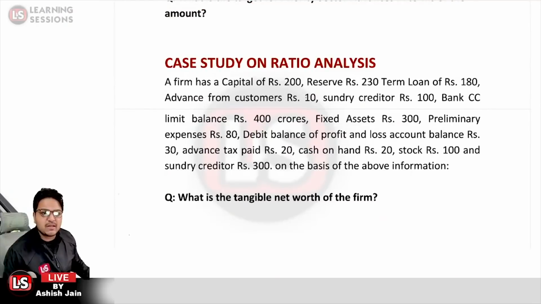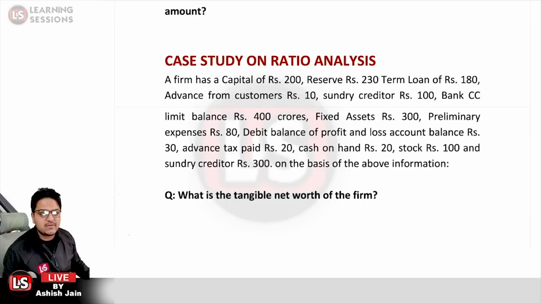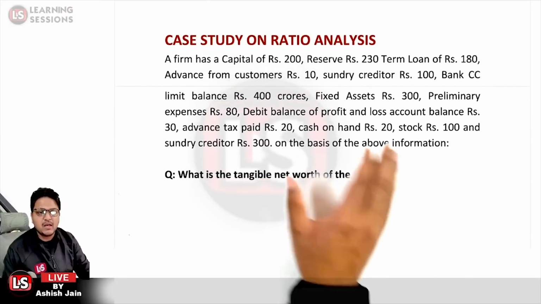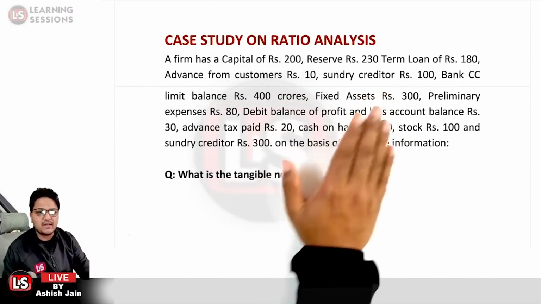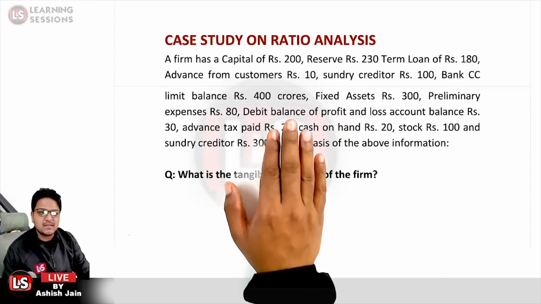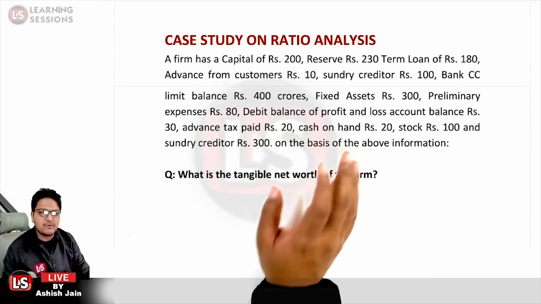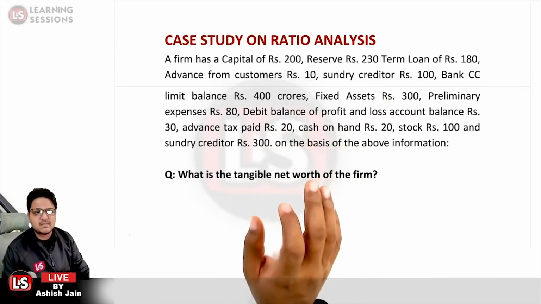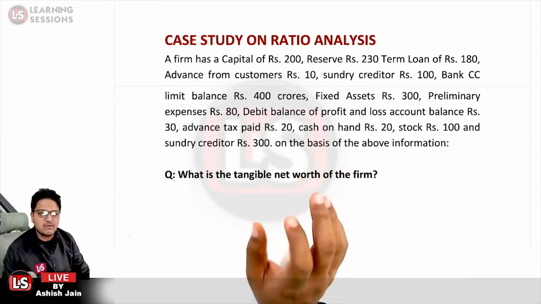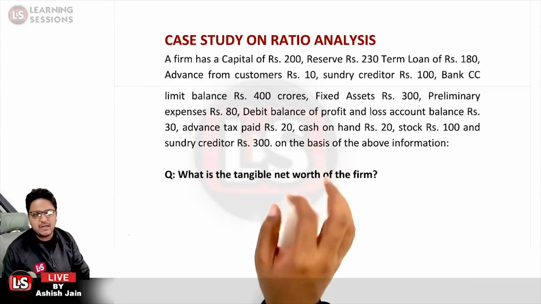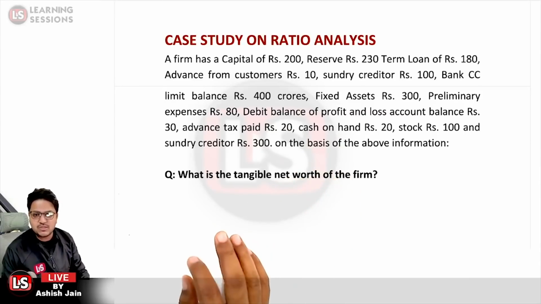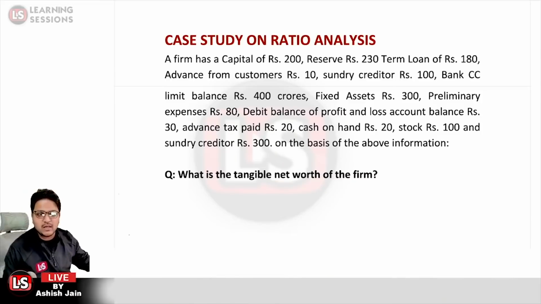Now the case study over here. A firm is having a capital of 200, reserves are given, term loans are provided, advances from customers, sundry creditors, bank CC limit, balances, and further the fixed assets, preliminary expenses, a debit balance in profit and loss account, advance tax. Each and every term is given over here, and the first question says that we need to calculate the tangible net worth.